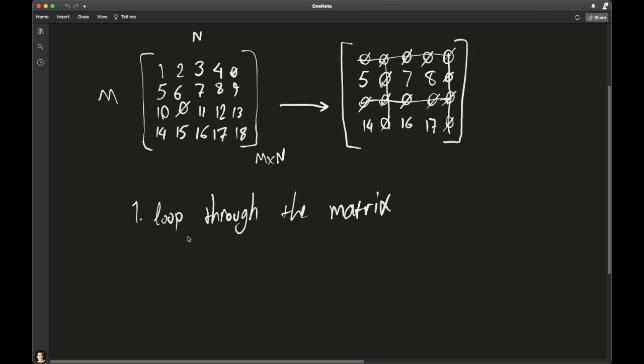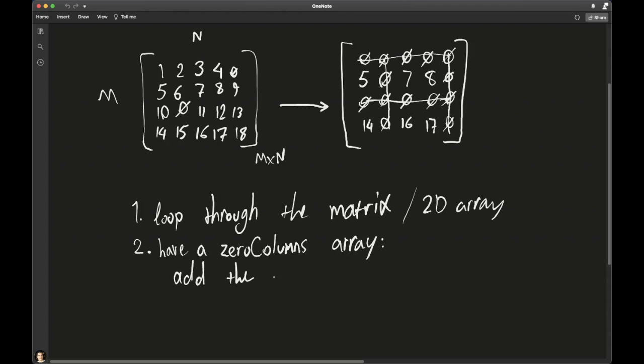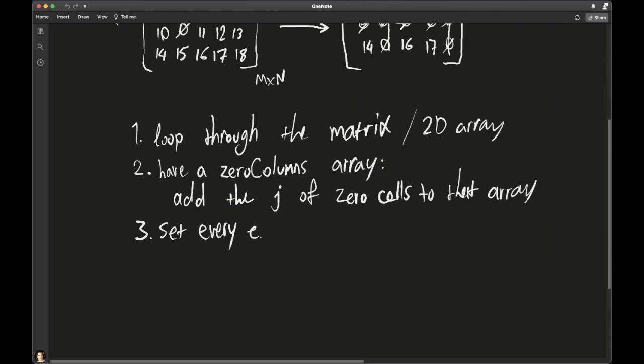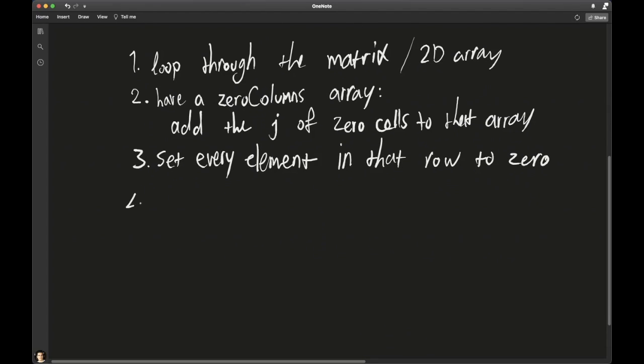So in order to achieve this, I think we should loop through the matrix or the 2D array, and then we would have to create an array called zero columns, and then add the j or index of 0 cells to that array. And after that, we can set every element in the row that had a 0 element to 0.